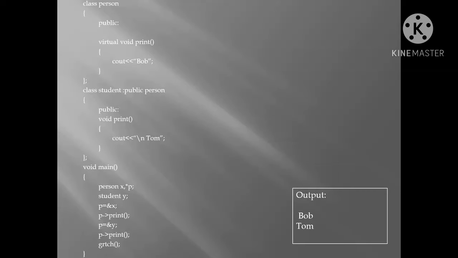Late binding is done in accordance with the content of pointer, and early binding is done according to the type of pointer. Since print function is declared with virtual keyword, it will be bound at runtime, and if print is non-virtual, it will be bound during compile time.